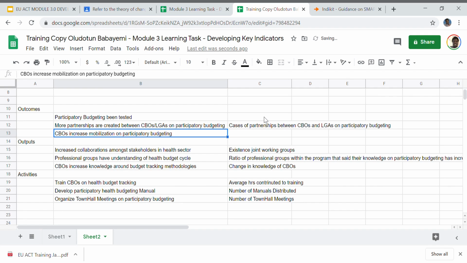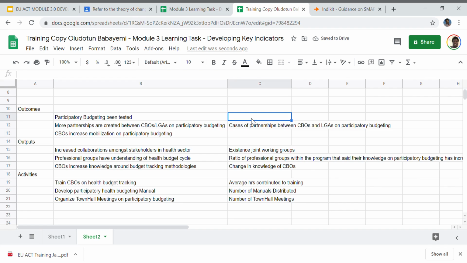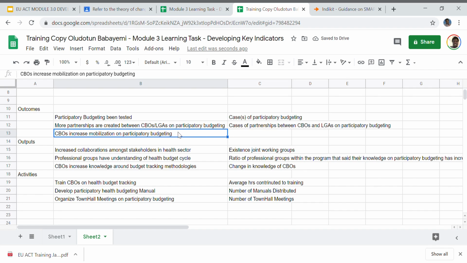So you can say existence of or cases of, and in here would be mobilizations per quarter, right?